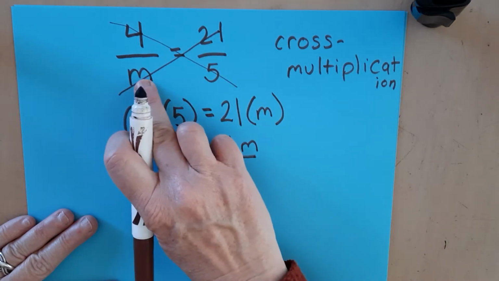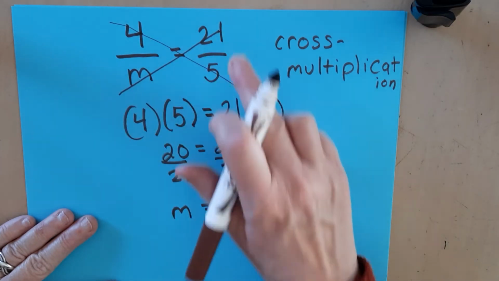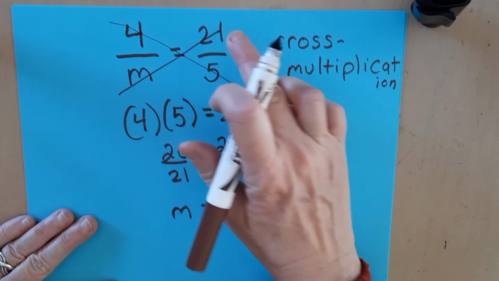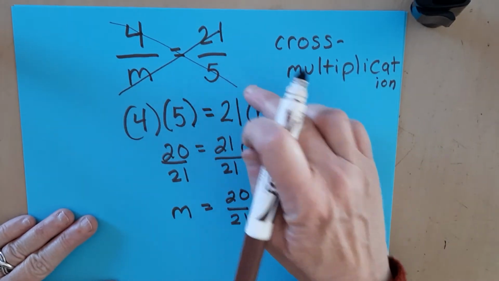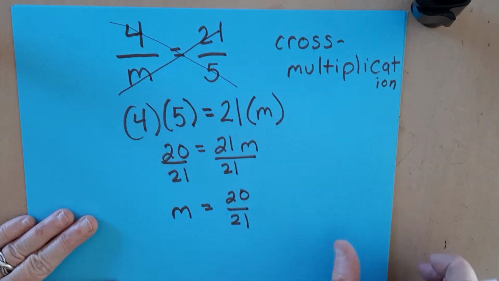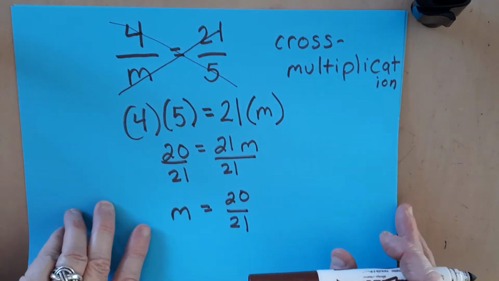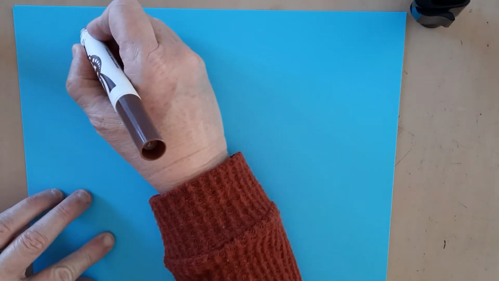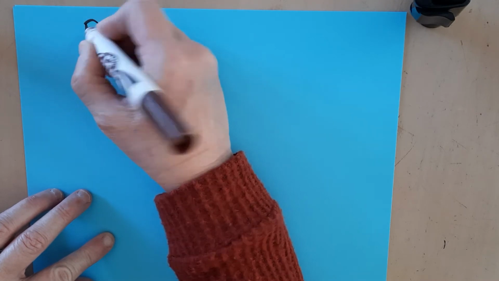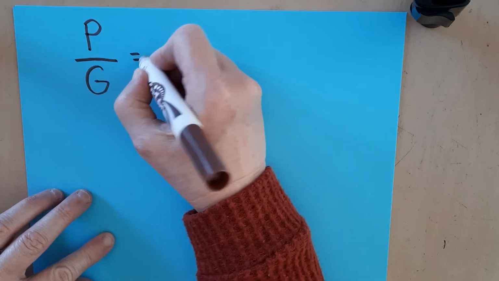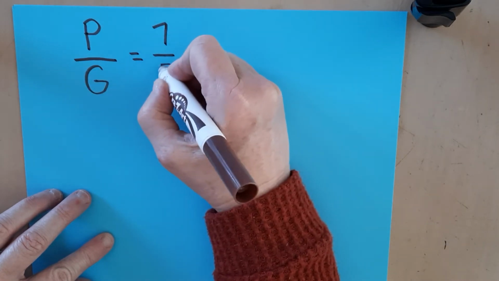You can just solve for the variable by doing the cross multiplication, setting the numerator times the denominator on that side equal to the denominator times the numerator on this side. Now we can use cross multiplication when we are looking at some ratio word problems. For example, in your homework, you'll have a problem that says the ratio of the number of pigs to the number of goats equals 7 to 5.